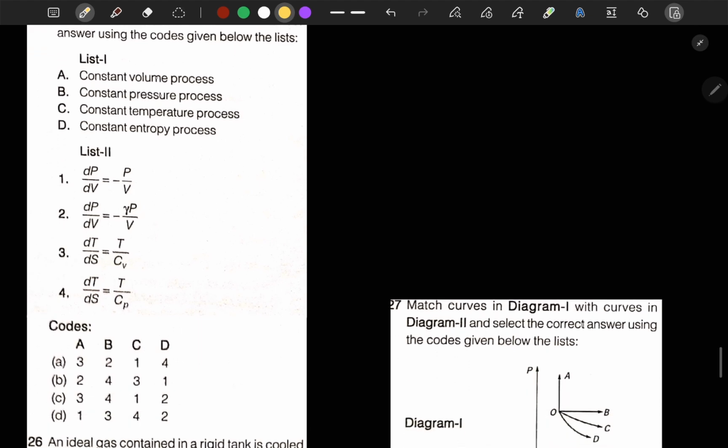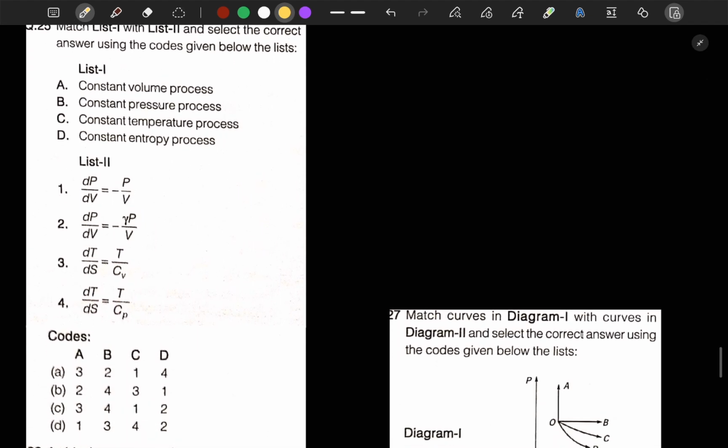Now moving to the next question, which is a match type question. The first option is constant volume process. We know that for a constant volume process, the slope dT by dS is T by Cv, so the answer should be 3. For constant pressure, we know the slope is T by Cp. For a constant temperature process, let's write PV is equal to mRT.